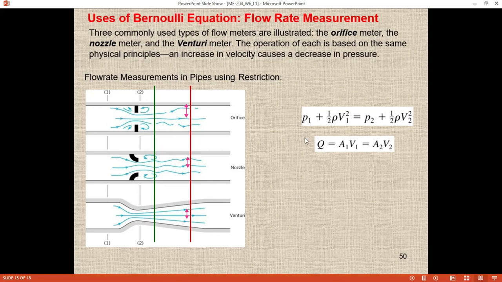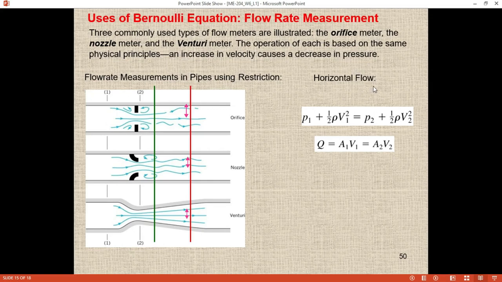Z1 and Z2 are equal in all cases, because the datum line is the same, point 1 and point 2 are on the same line, so Z1 and Z2 cancel. This is the case when the flow is horizontal.